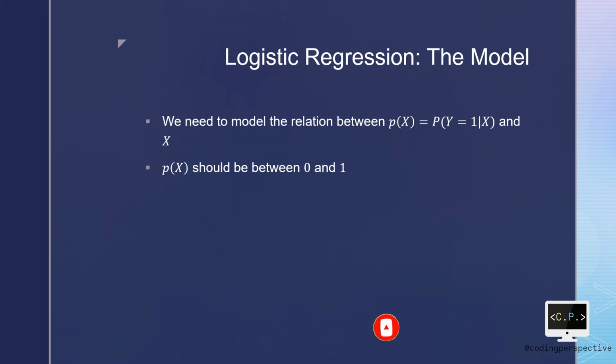So we must model p(x) using a function that always has a value between 0 and 1 for all values of x. We can use the logistic function, which is p(x) equal to e to the power beta 0 plus beta 1 x, divided by 1 plus e to the power beta 0 plus beta 1 x.